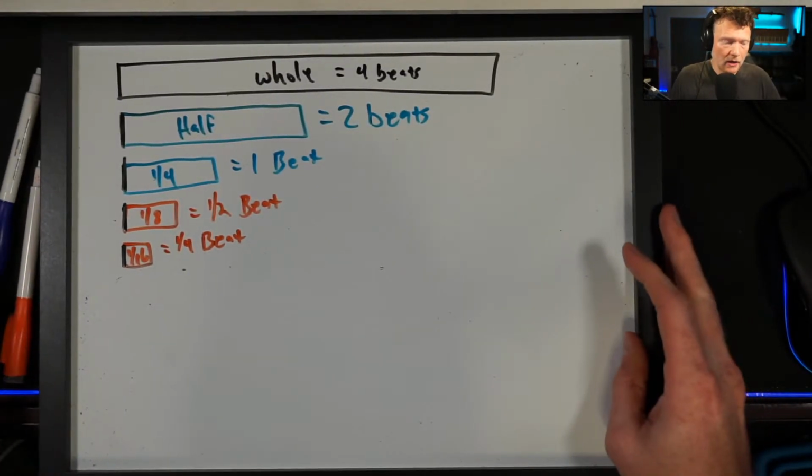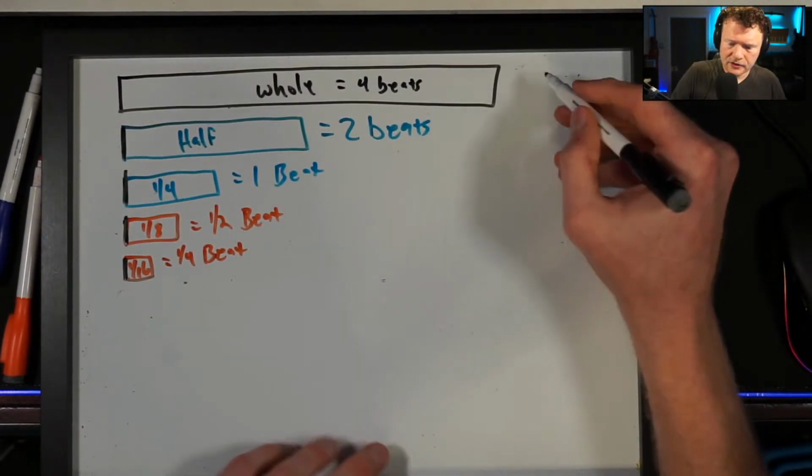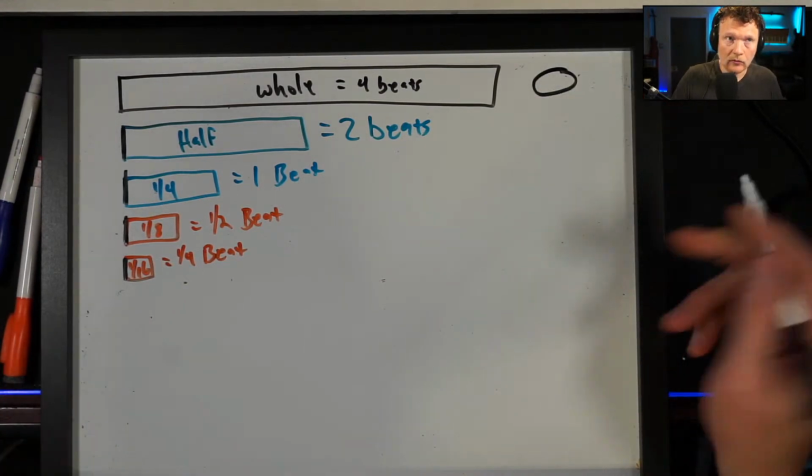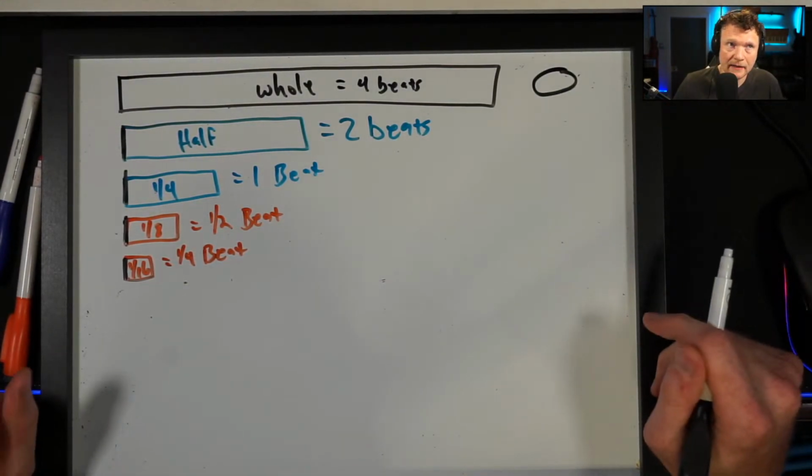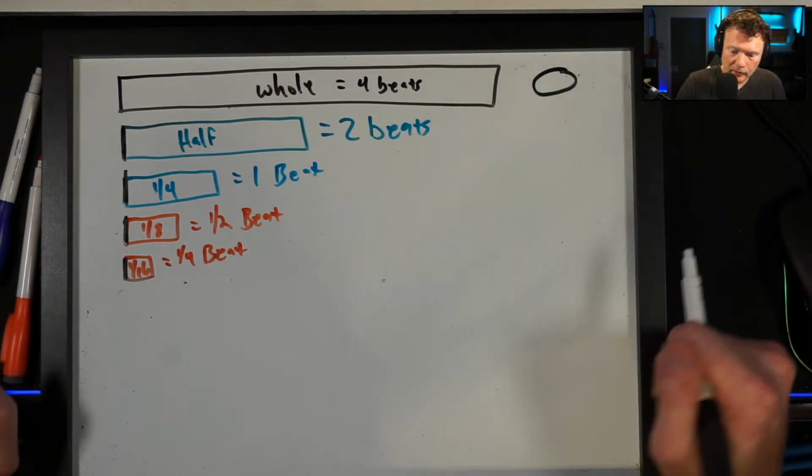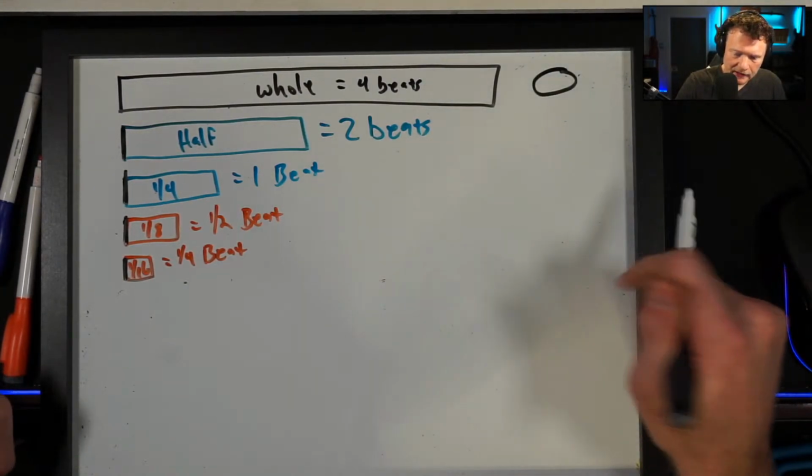All right, so our whole note is just going to be a whole. Okay, that makes pretty much sense. And again, it's worth 4 beats. So our whole note right there, 4 beats.